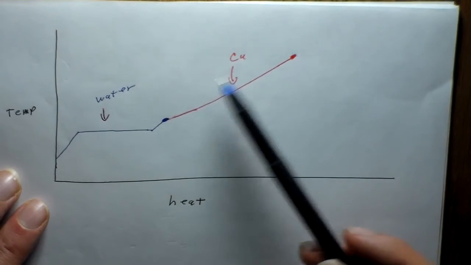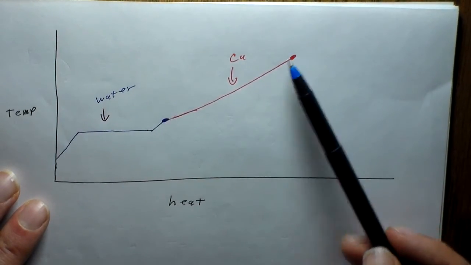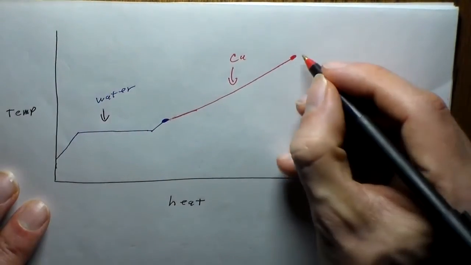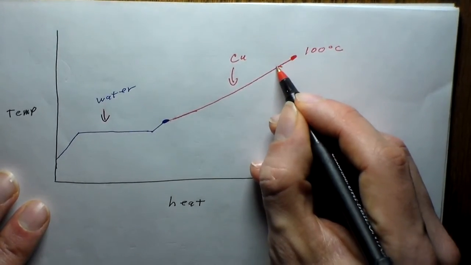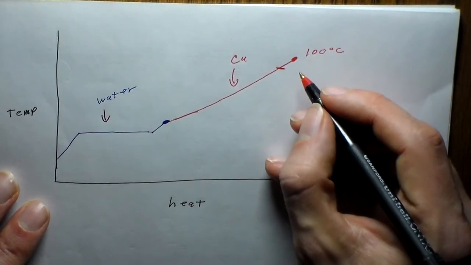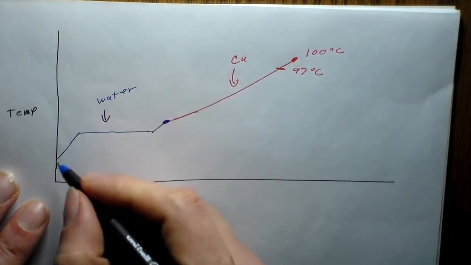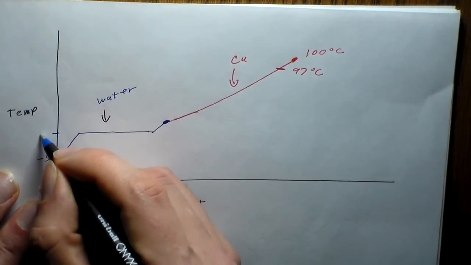Essentially, the copper was cooling down and the water was warming up. We started up here at 100 degrees Celsius, and then we cooled down this first part to 97 degrees Celsius, and that was the temperature drop it took to warm the ice from -5 up to 0.